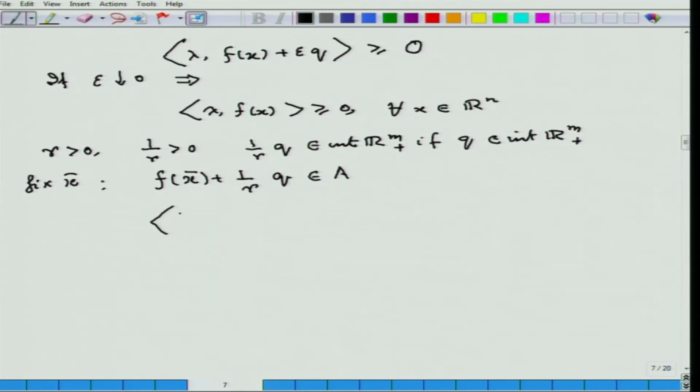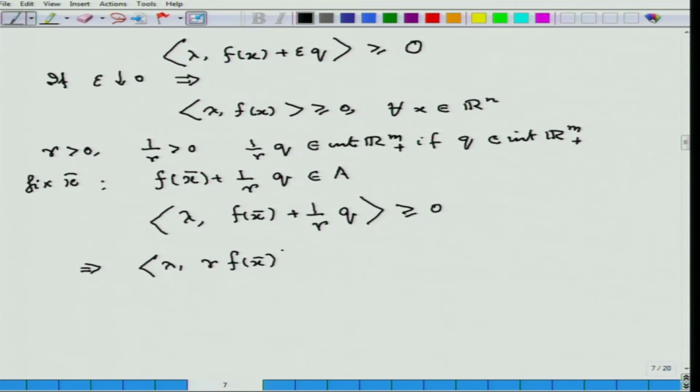So, again by the separation theorem, lambda of f of x bar plus 1 by r times q is greater than or equal to 0. So, it means lambda times r f x bar plus lambda times q, this is just inner product, we have multiplied by r, and so is greater than or equal to 0.